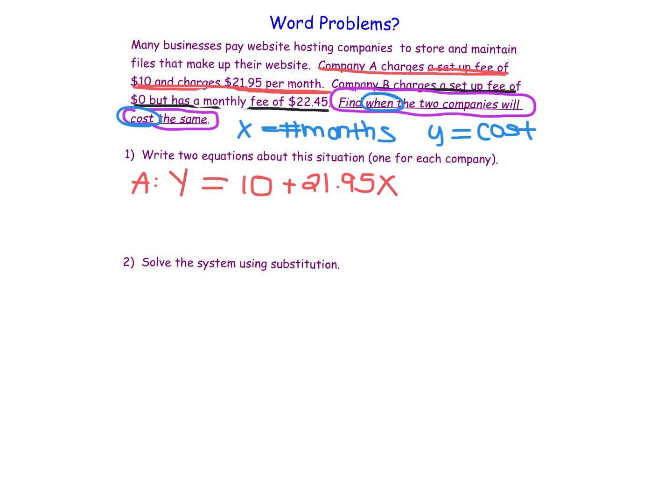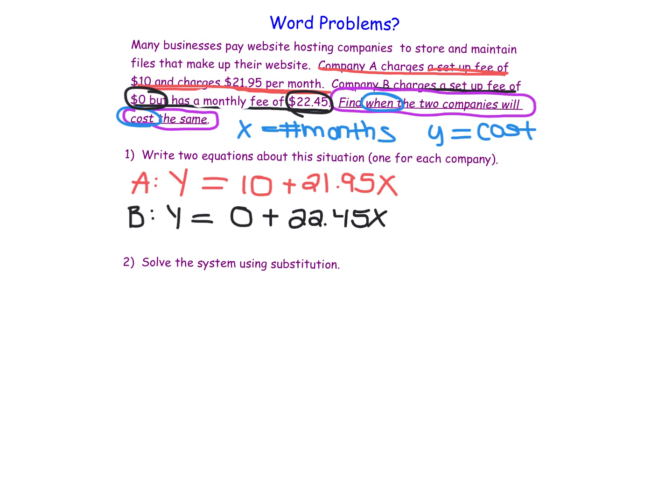Then I need to write an equation for Company B. And Company B calculates its cost a little bit differently. So here I have cost is equal to a $0 fee up front plus $22.45 per month. So now we have a cost equation for each company.